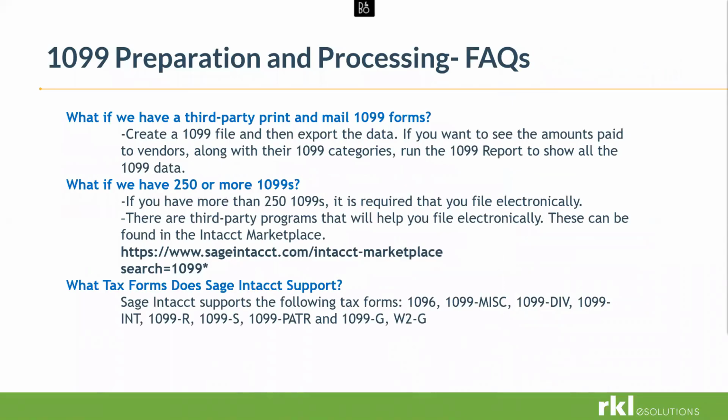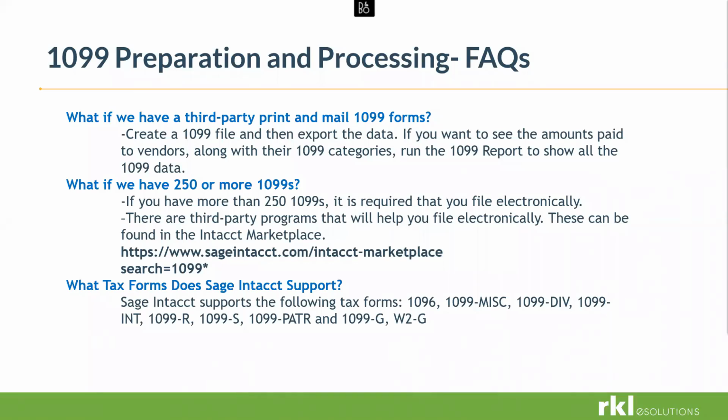So these are just frequently asked questions about 1099. If you have a third party that prints and mails your 1099 forms, not a problem. You create the 1099 file and send that to them in a CSV or Excel format, and they can publish or transmit your 1099s for you. Typically, if there are over 250 1099s, it needs to be an electronic file.